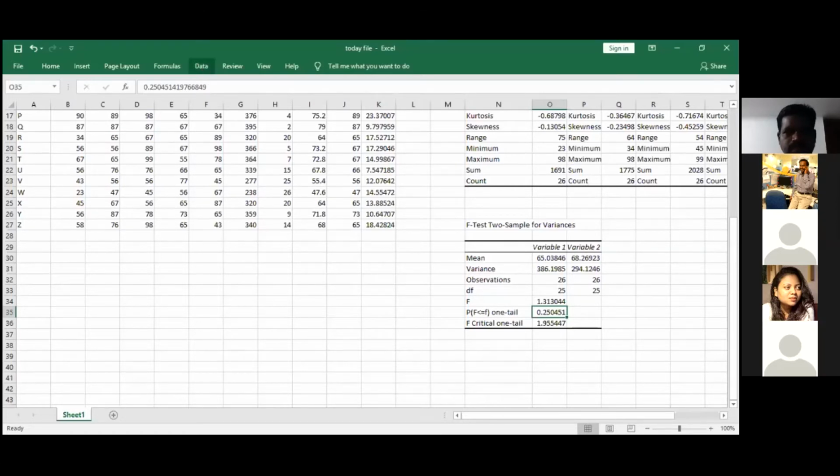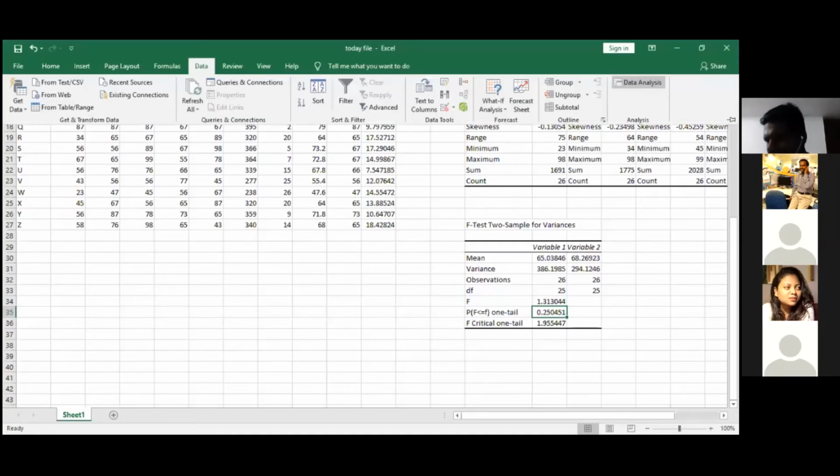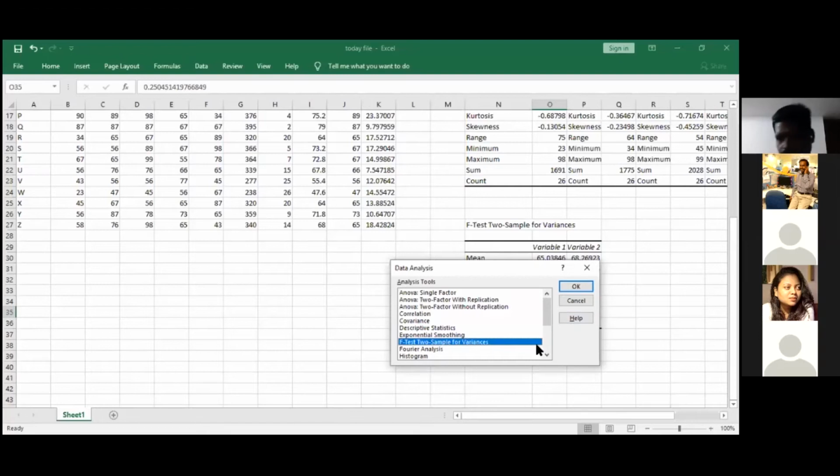For data analysis, here you select ANOVA single factor, two factor, correlation, covariance, descriptive statistics. Then t-test: two-sample for means.